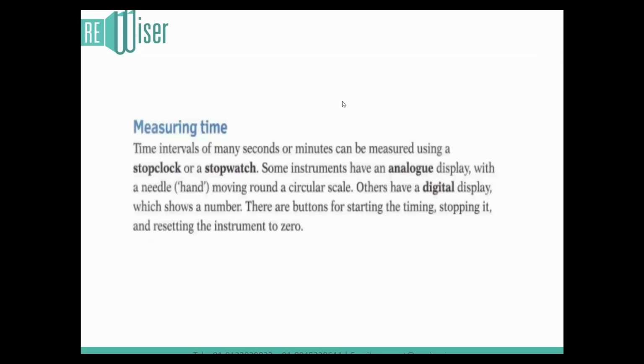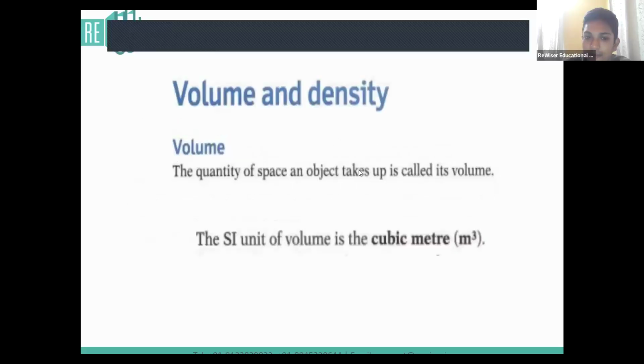Okay. Let's look at volume and density. Is volume a fundamental or a derived quantity? Volume is a derived quantity. What about density? Density is also a derived quantity. What's the formula that relates volume and density? Density is mass upon volume. Correct.